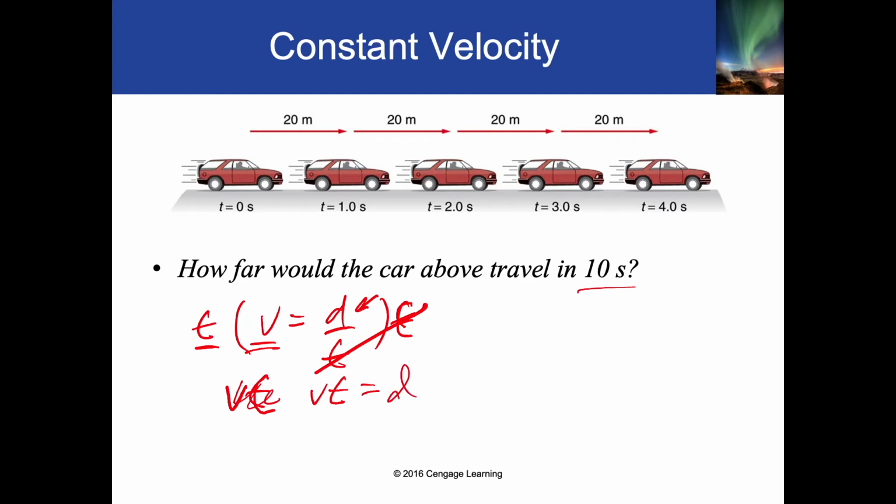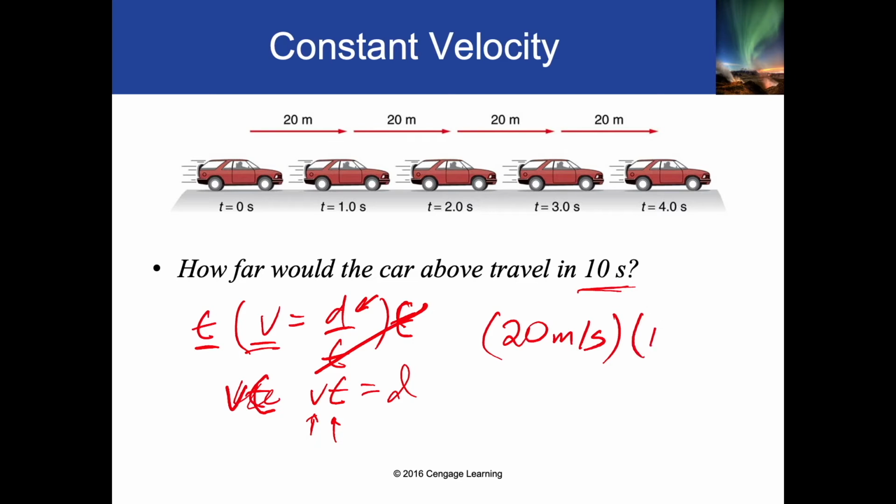So all you have to do now to solve for that problem then is what? Multiply 10 seconds here by the velocity there, right? So what was our velocity from the last problem again? Anybody remember? It was 20 meters per second, right?